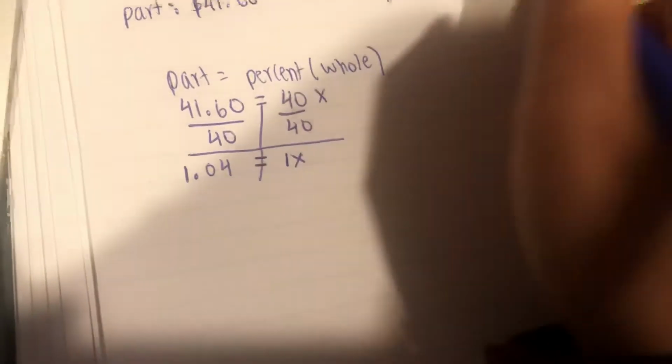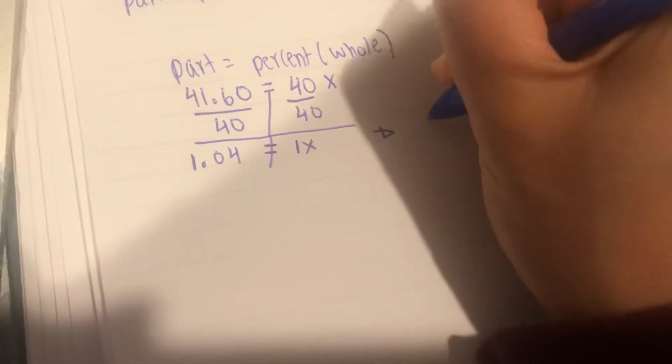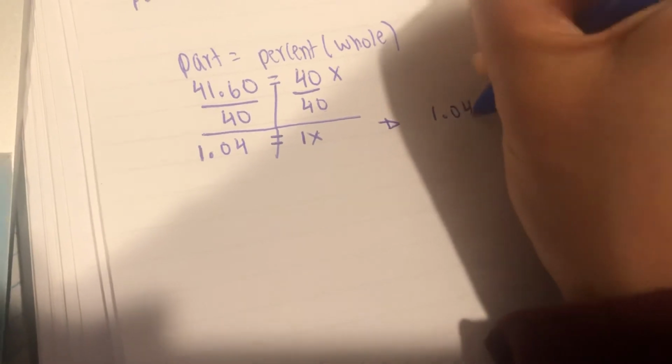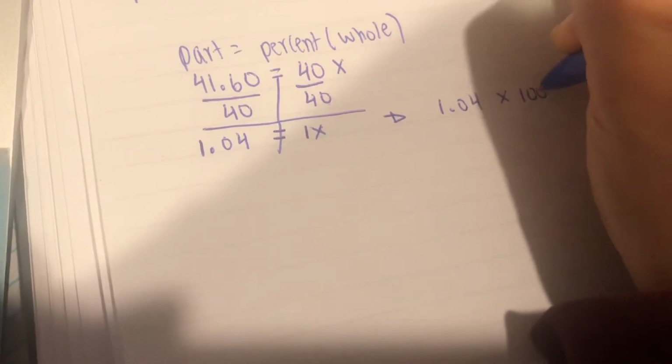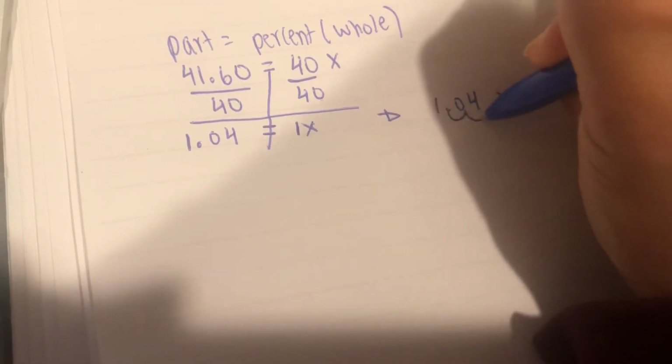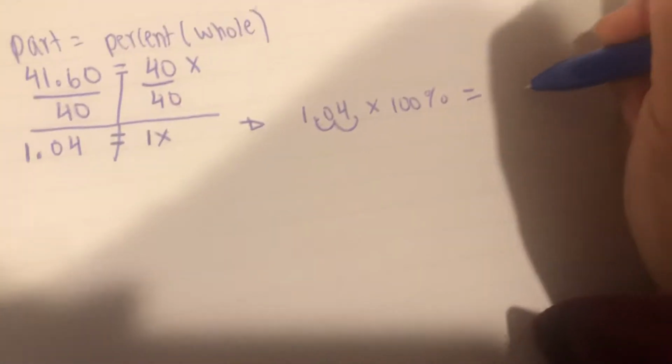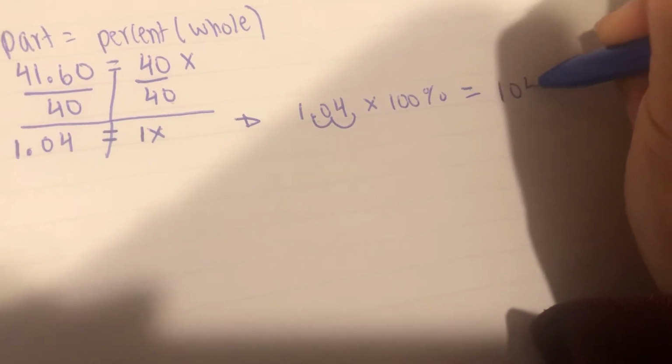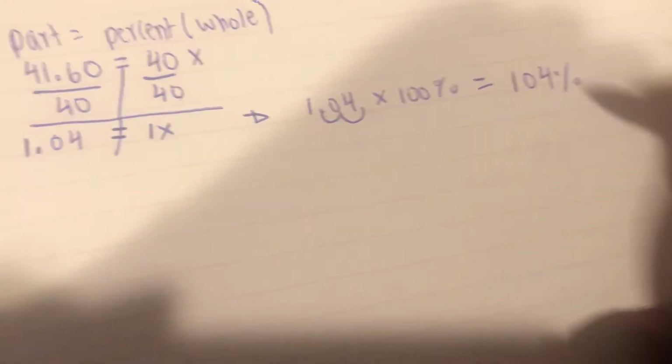And what I'm going to get is 1.04. Okay, and as a percent, remember, same as yesterday, 1.04 times 100%. We move the decimal twice, so that's going to be 1, 2, and that gives me 104%.